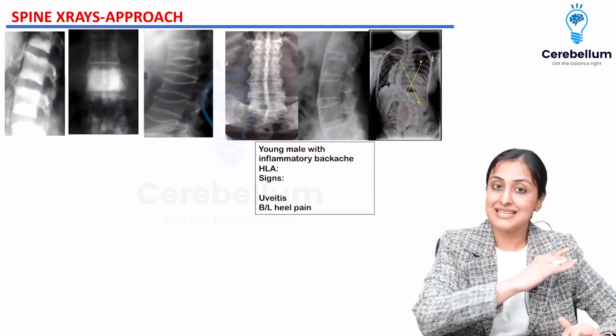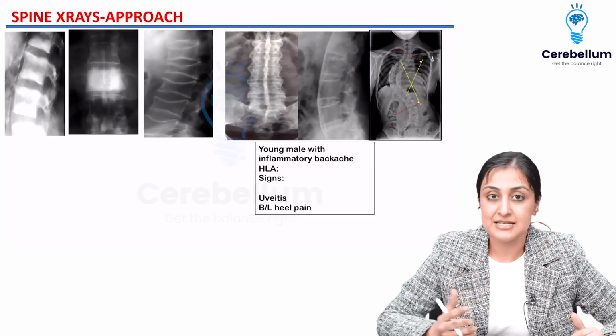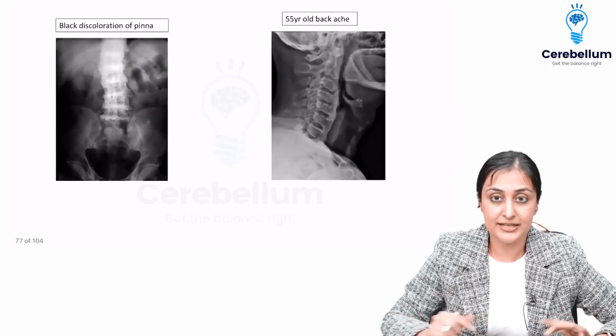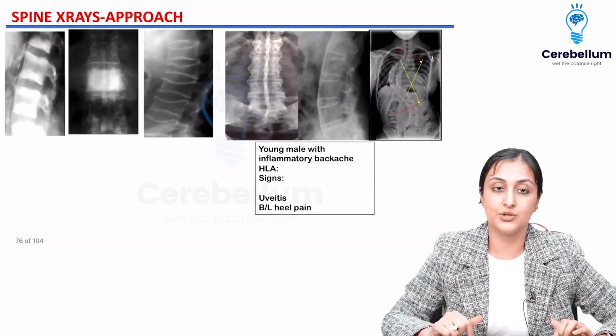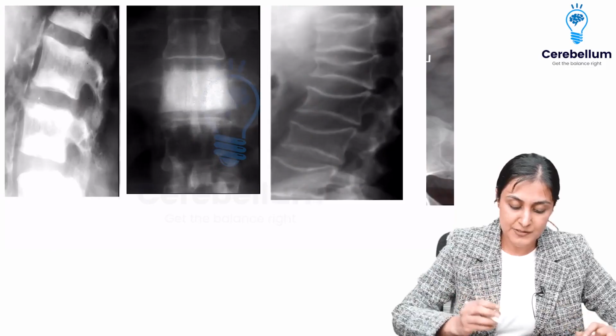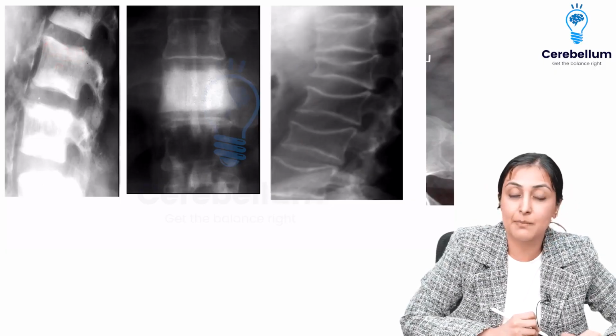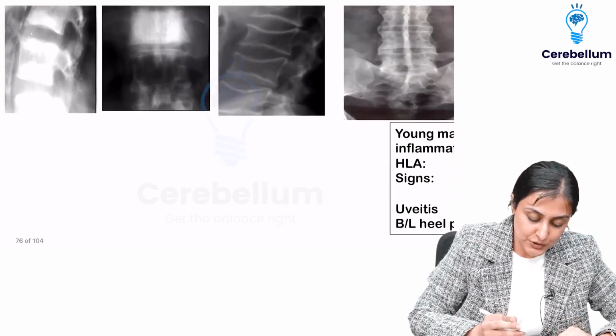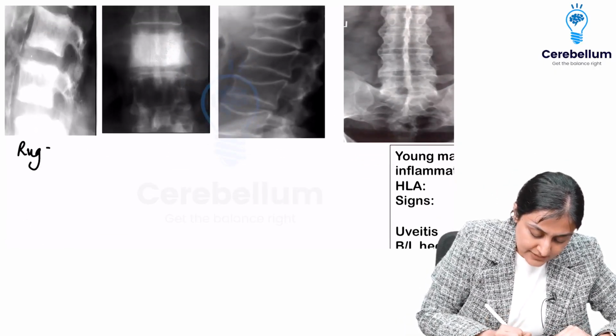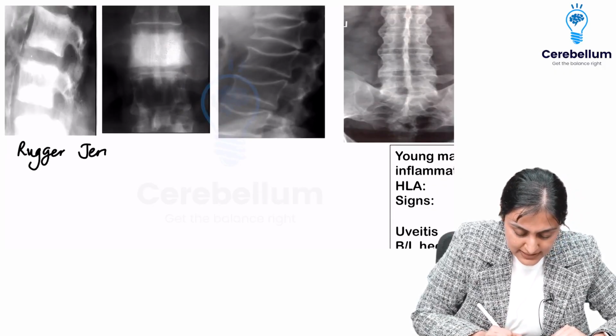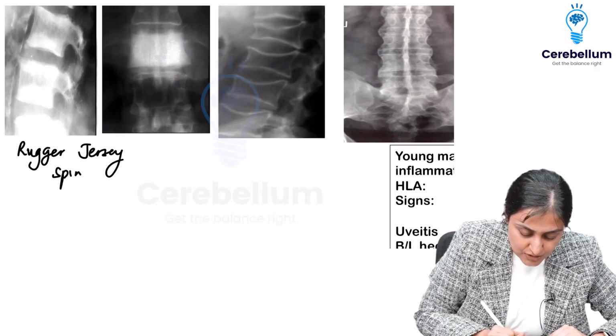Now we are going to be seeing a bunch of spine X-rays and understand how to differentiate them. So these are the 2 images that we need to do here. The first spine, you can see that there is this alternating white and black pattern. So this is what is called the Rugger-Jersey spine.